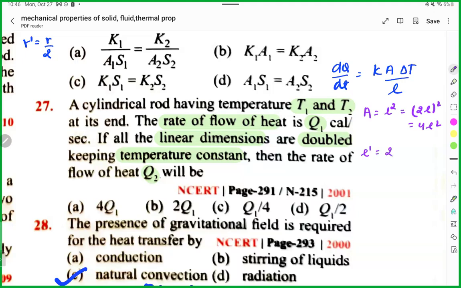The new length will be double the original because everything is doubled. So area is 4 times, length is 2 times. What will be the new charge? Area 4 times and length 2 times. Yes or no? Or should I explain this?